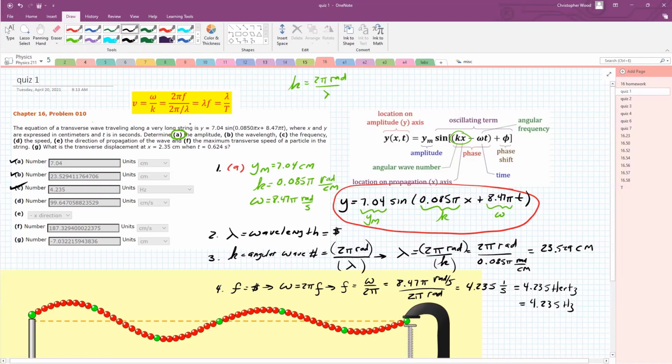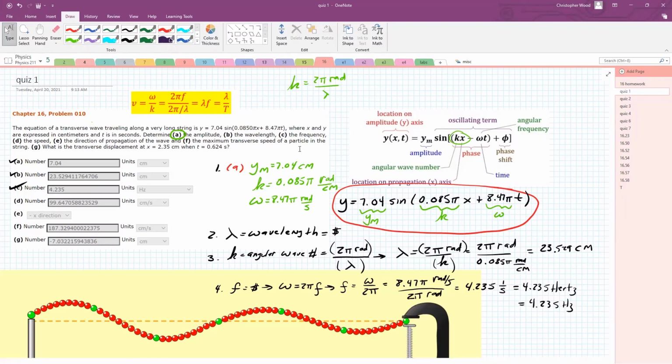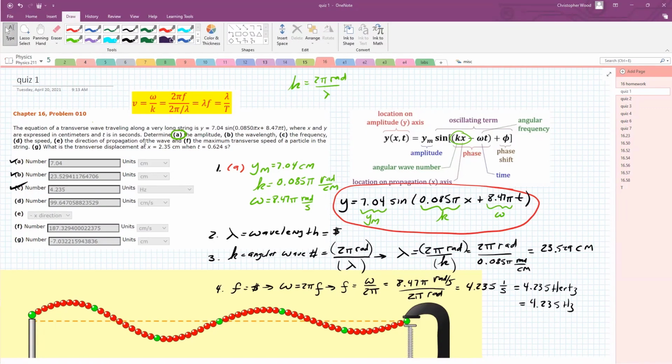D says, what's the speed? Right here in your lecture notes. Your lecture notes provided a relatively short and straightforward derivation of wave speed. All right, so let me just get to that. Let me reference that.